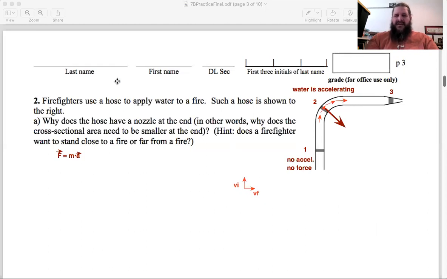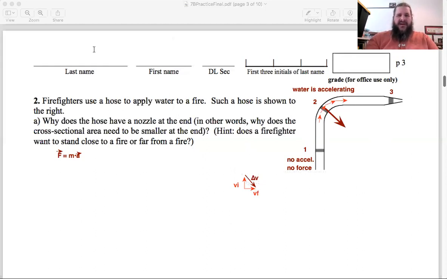If you want to take delta V, it's just final minus initial. It's the difference that takes you from the initial value to the final value. So delta V is going to be this difference vector. That's the change from initial to final velocity.